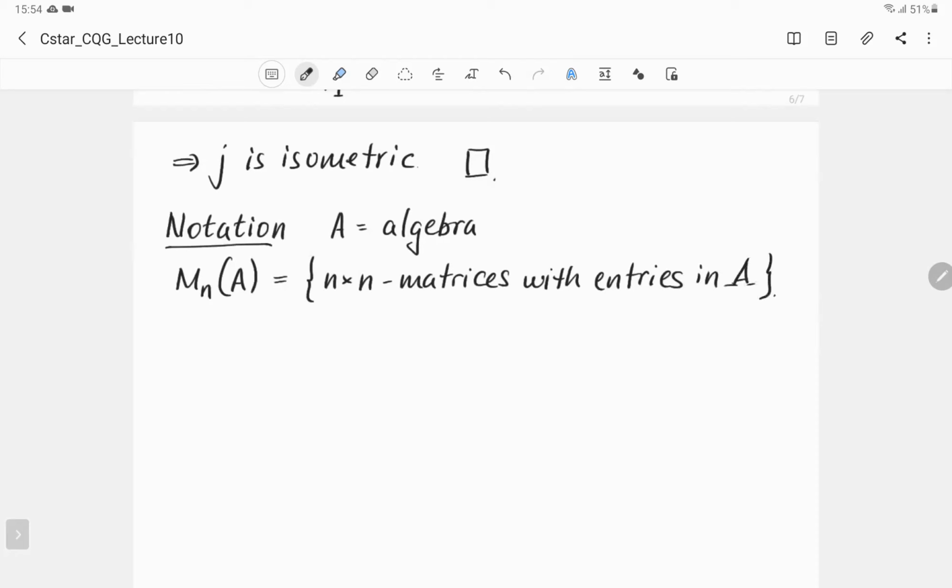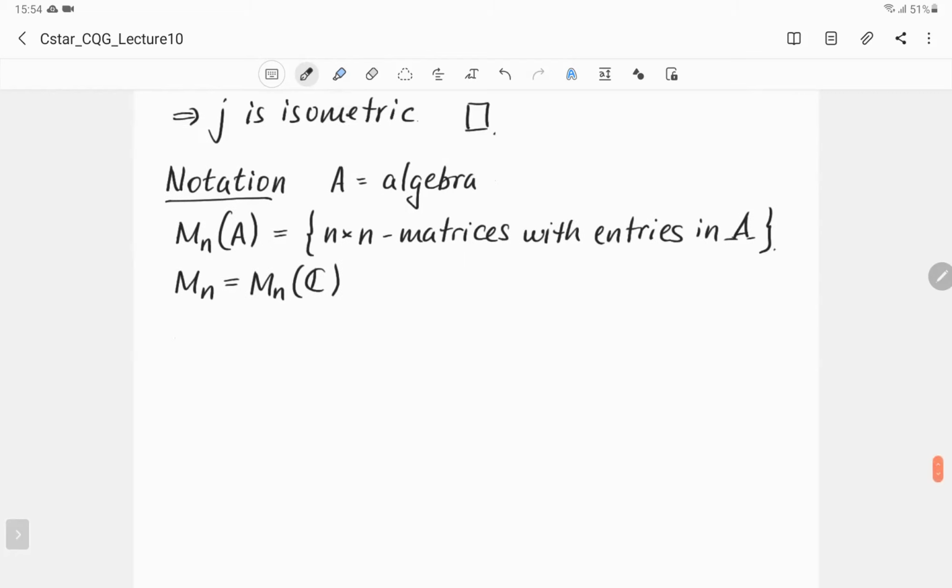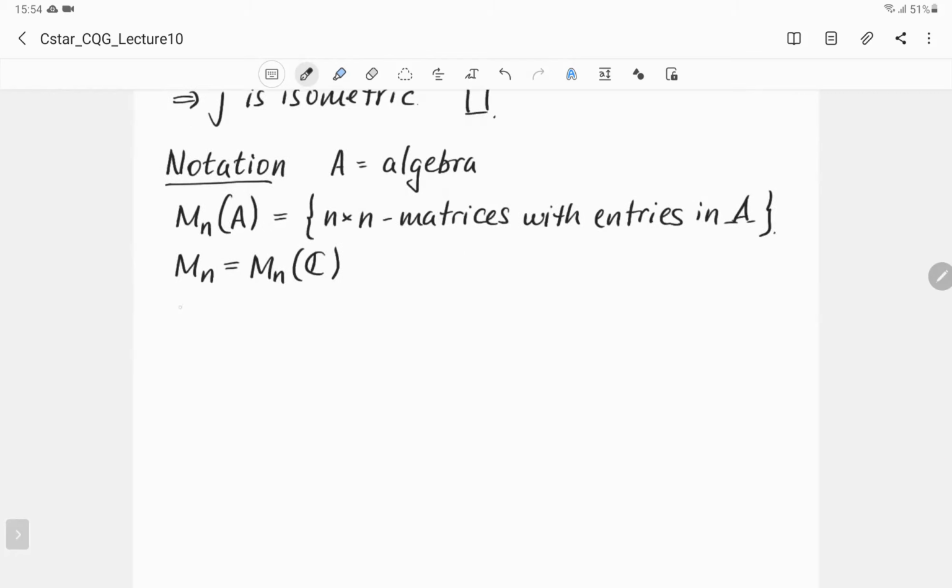Well, clearly this is an algebra. And if we denote by Mn the algebra of complex n by n matrices, then it's easy to see that we have an algebra isomorphism between the tensor product of Mn and A and the algebra Mn(A).